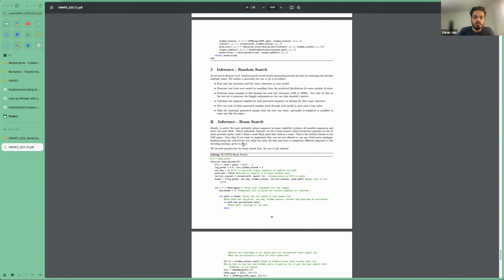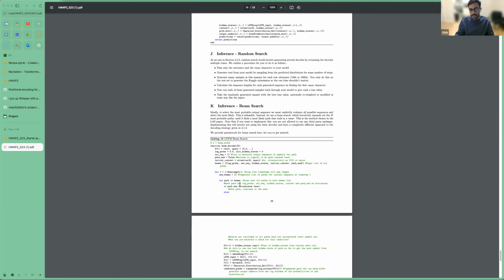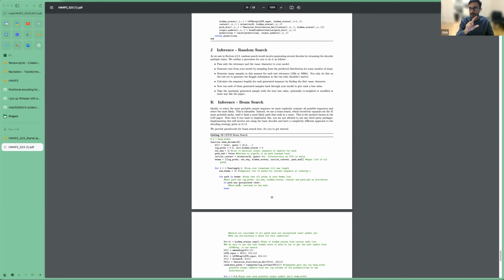Why can't we use CTC beam? Because this task is not CTC. Like I just said, you don't have a fixed probability distribution for all time steps, right? Your probability distributions change at every time step because it's dependent on the previous time step. You're using attention context to go over every time step.